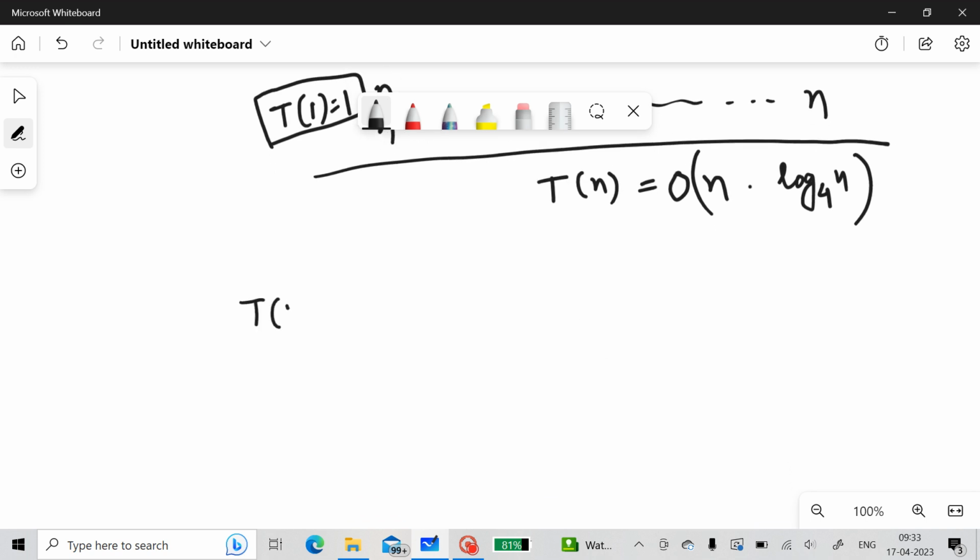Let's say you are given the recurrence relation like this.